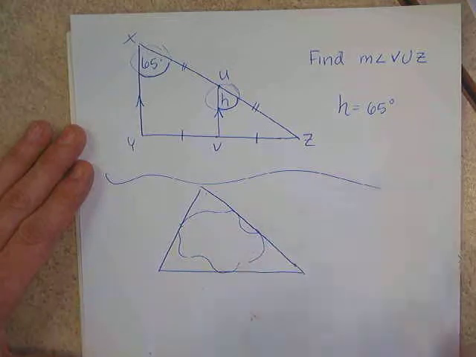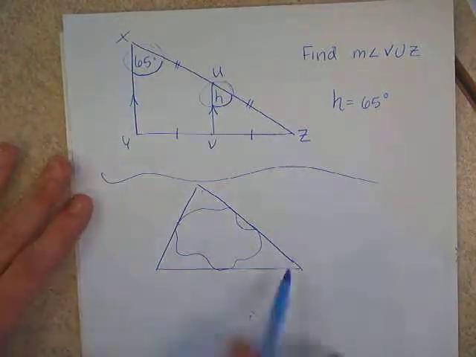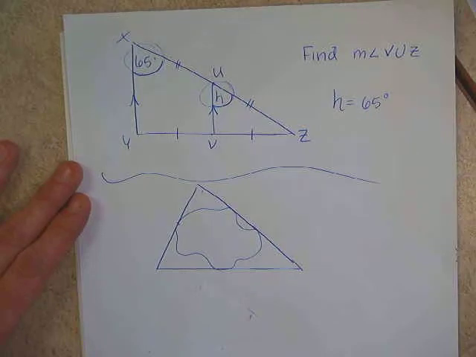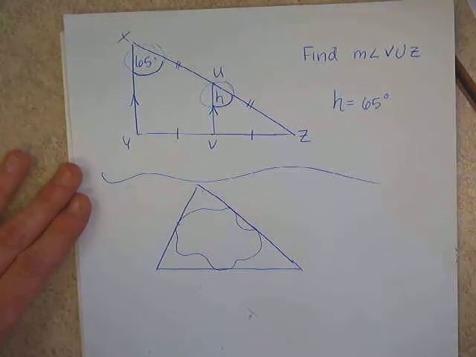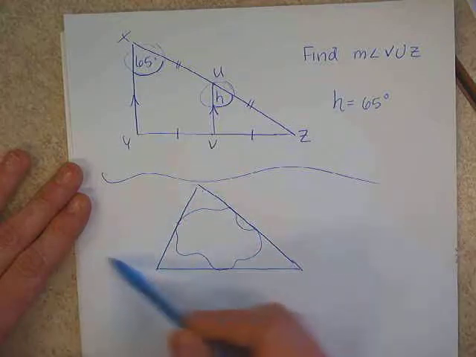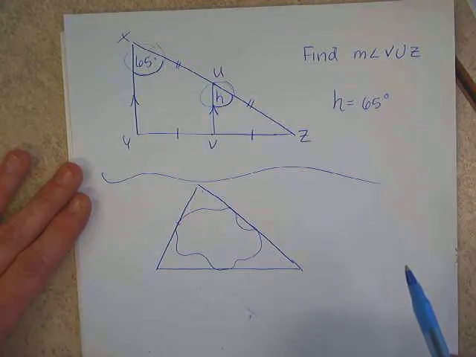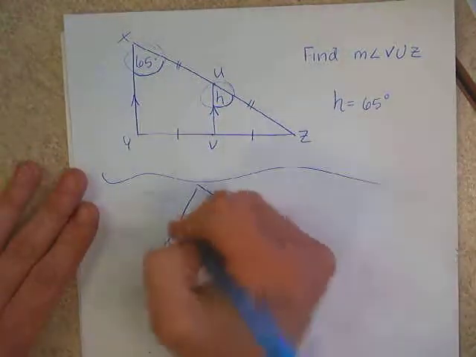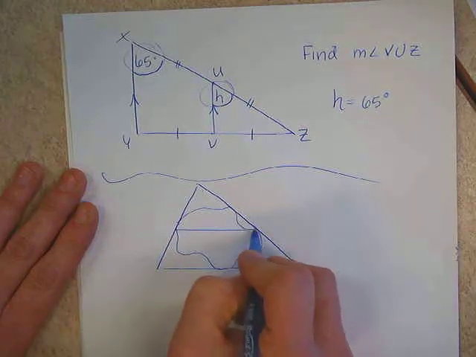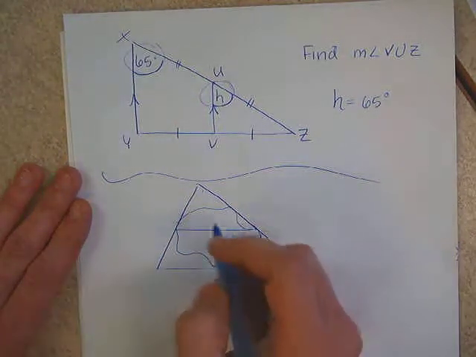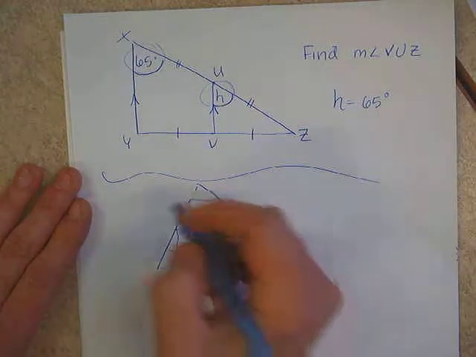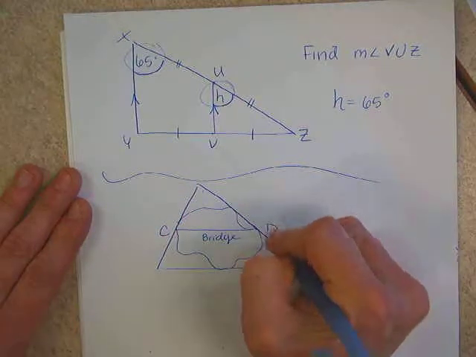Couple more examples. This one is a real life type problem. So you've got a lake and you want to know, says a new bridge is built over the lake, find the length of the bridge. Okay, if you could do a triangle around a shape in real life, and that's something they could measure, right?